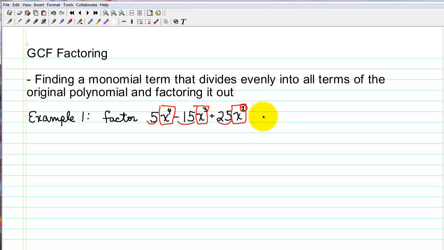So when we are GCF factoring, we will be rewriting our original polynomial into two parts. A part that is the GCF, the greatest common factor, and then what remains after we remove the GCF, or the leftovers.